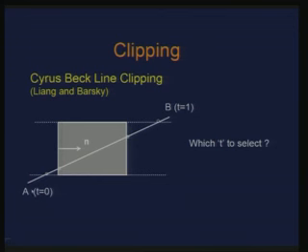Given a line AB, I have possibly 4 intersections, say with a rectangular window, one with each edge of the window. Now the question is: I find these points of intersection, basically the t which gives me the point of intersection.